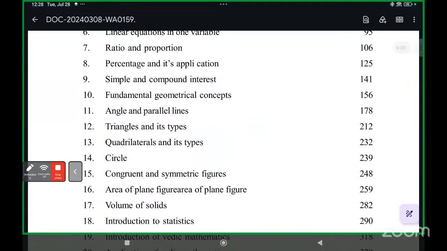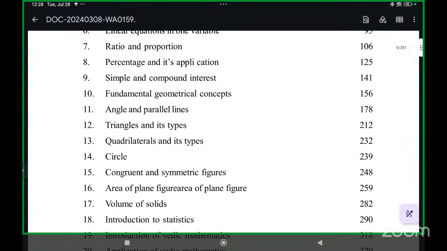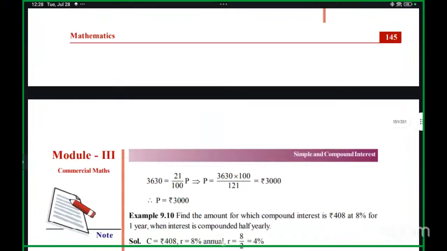Okay. I'm planning to keep either the 10th or the 11th chapter test. The 10th chapter we can keep, fundamental geometrical concepts, or the 11th chapter. Let's check that out.